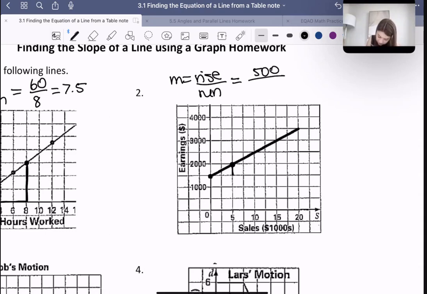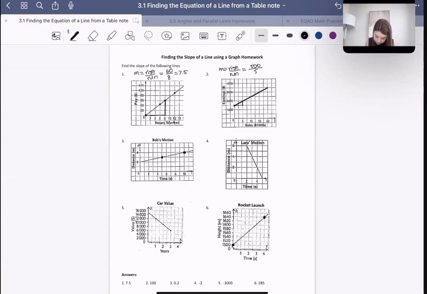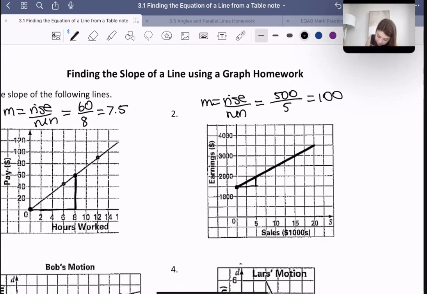Rise is 500 based on this scale, right? Because if two of these is 1,000, then half of that, which is just one, would be 500. And then the run is 5. So it would be 500 over 5, which is going to be 100. So therefore, the slope is 100.